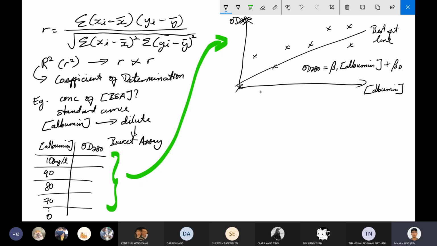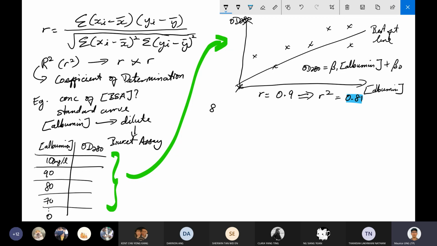Based on this, assuming that you get R equals 0.9, what is the R square value? If R is 0.9, what is R square? Somebody? 0.81. Correct. So 0.81, what does this value really mean?